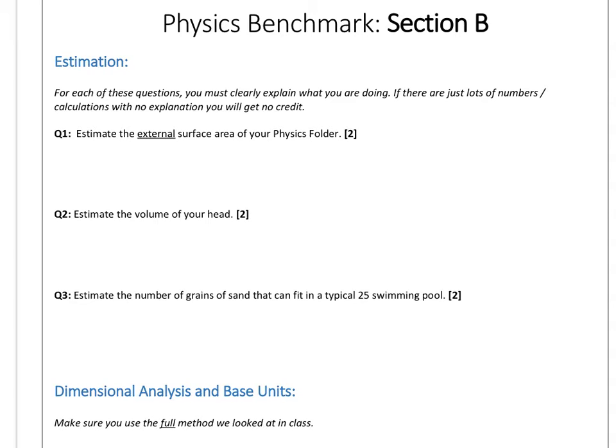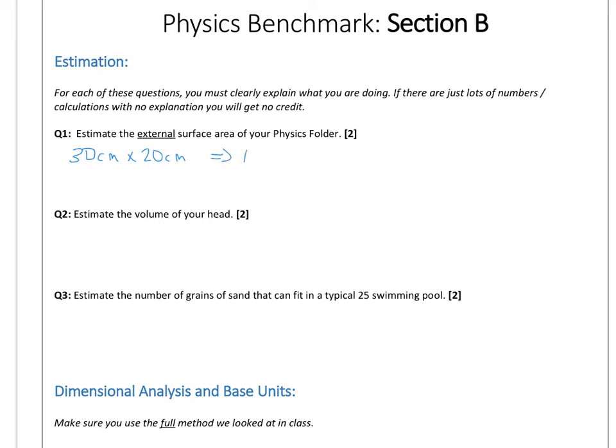So let's get started. Estimate the external surface area of your physics folder. Most folders, on the front side and back side, are going to be about 30 by 20 centimeters.